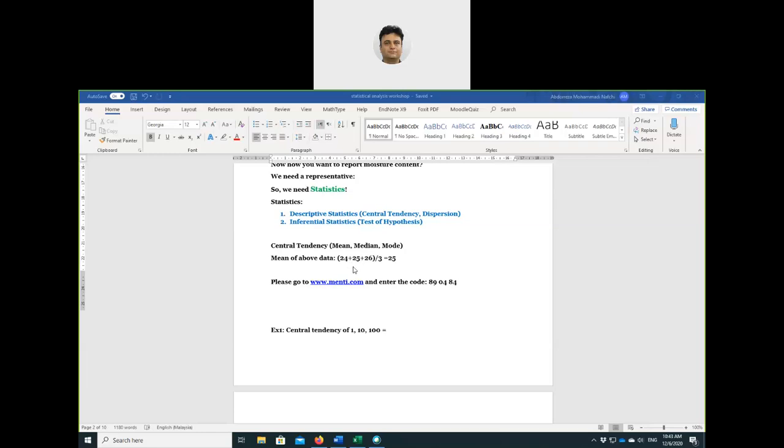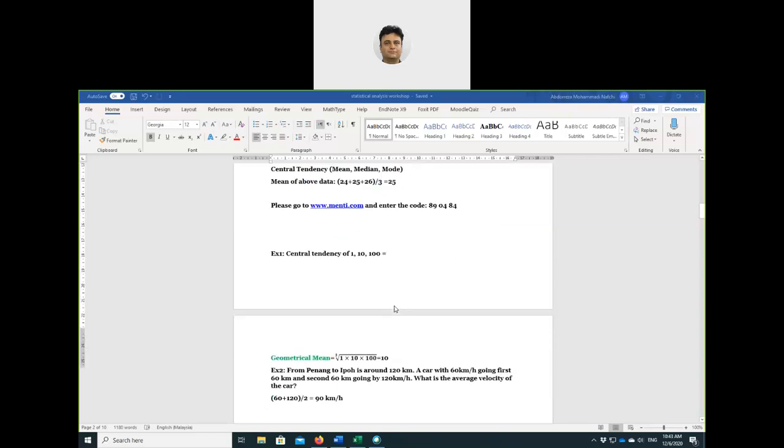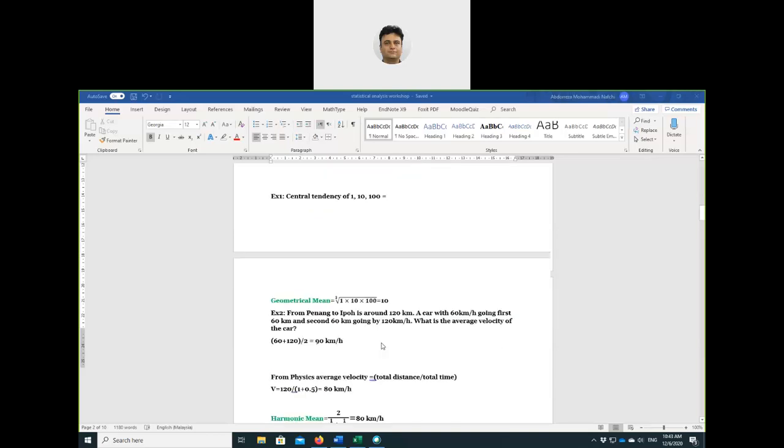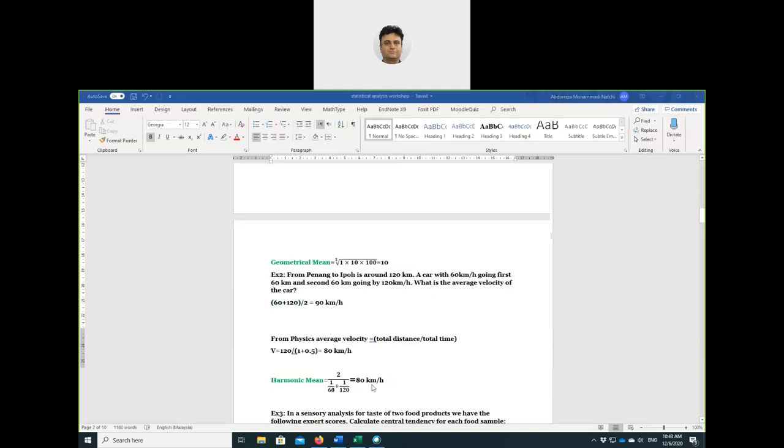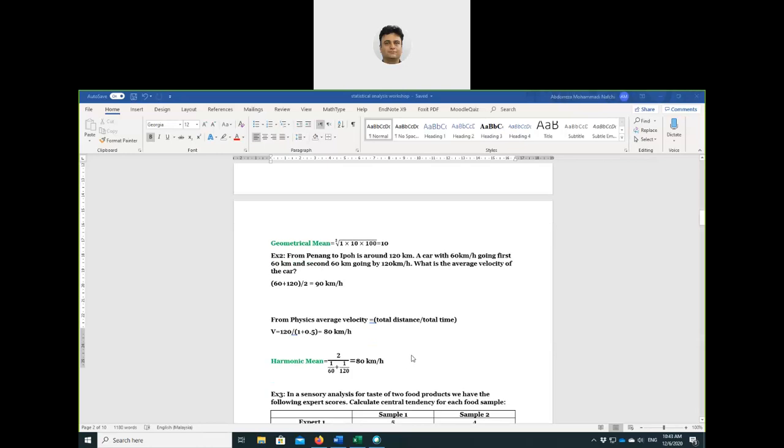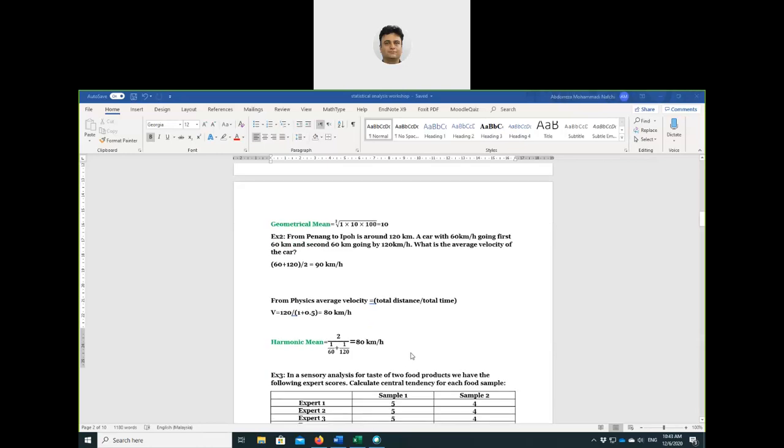Most of our measurements use the arithmetic mean, but sometimes, for example in microbiological data, it is different, and also if you are calculating a rate of reaction, you need to refer to different types of mean. So here we have three different means.